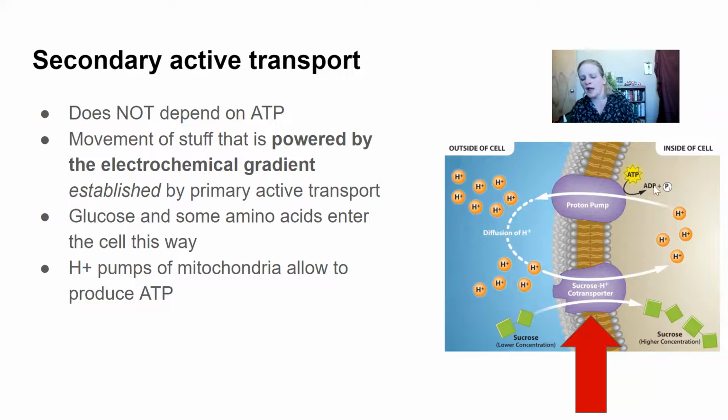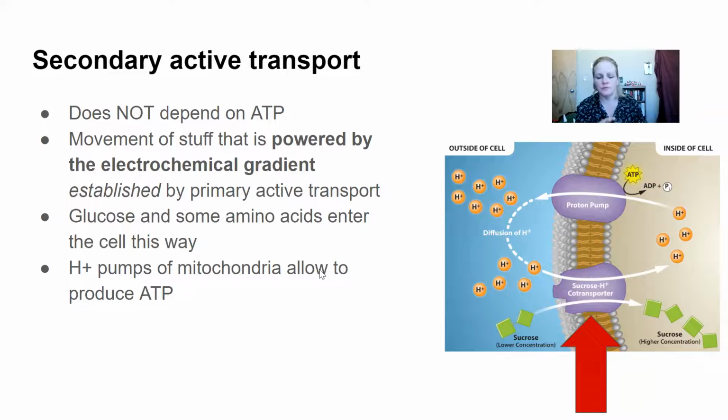And this is powered by mitochondria hydrogen pumps, or proton pumps, that allow the glucose and amino acids and some of these other things that we need to go from a low concentration to a high concentration.